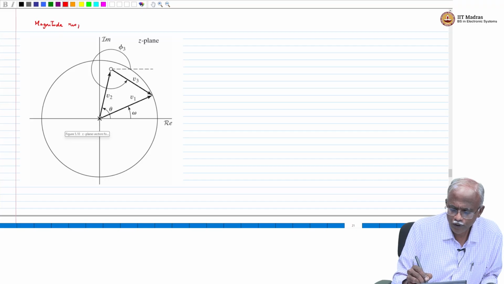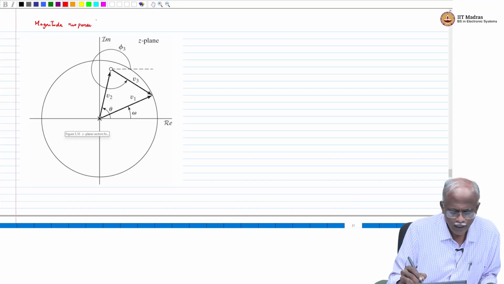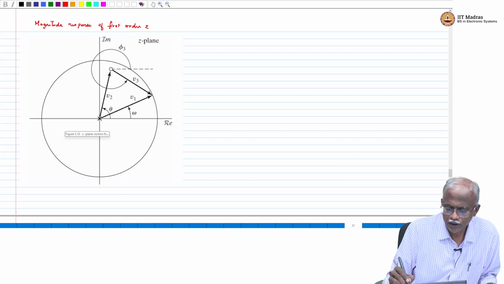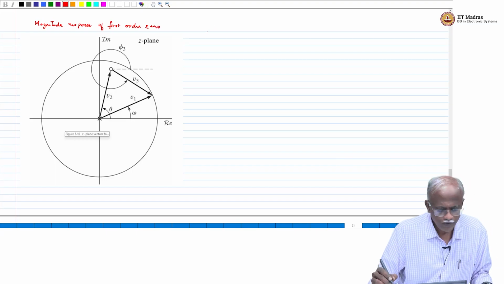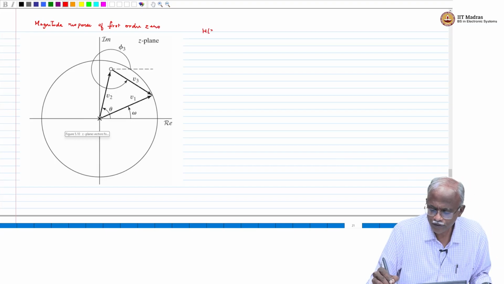Magnitude response of a first order 0. Okay, that means we are looking at a transfer function which looks like this: 1 minus C naught Z inverse.